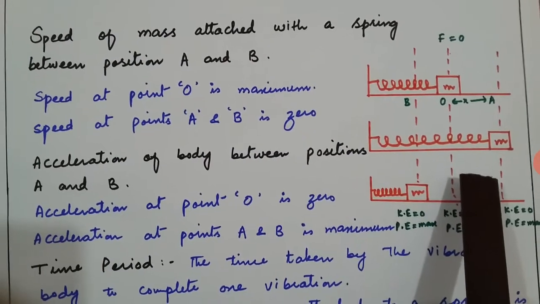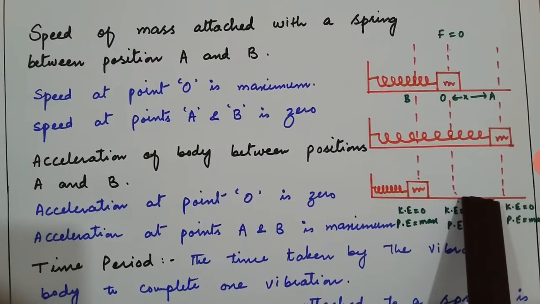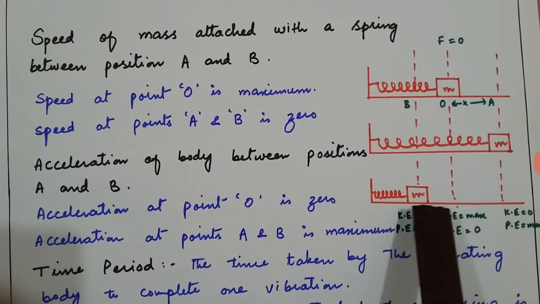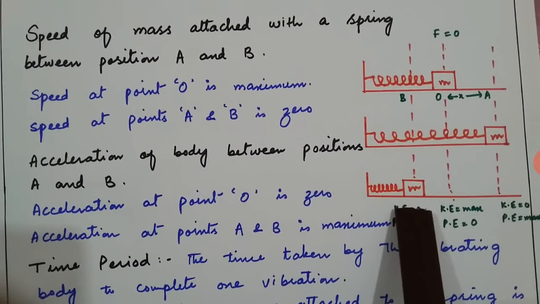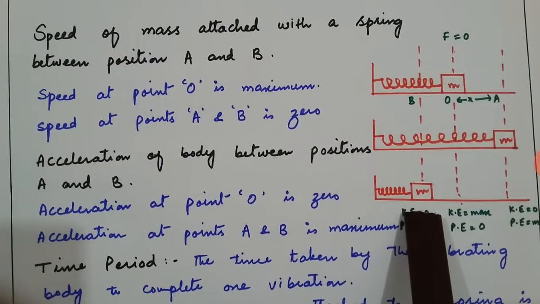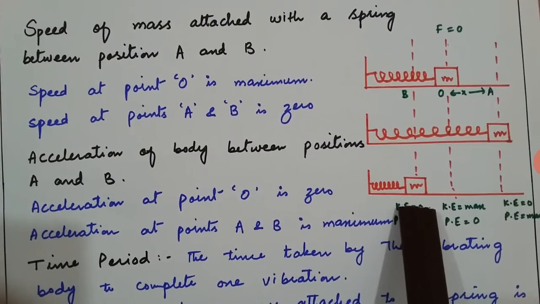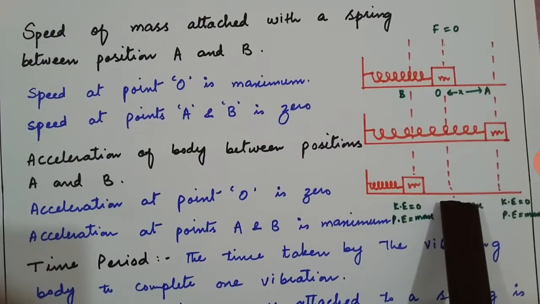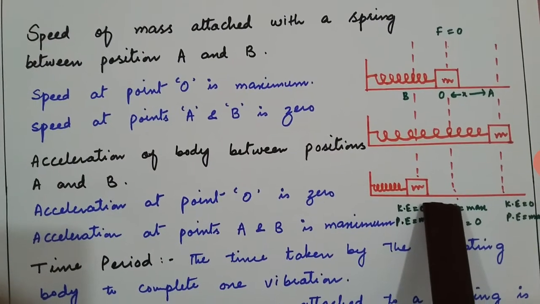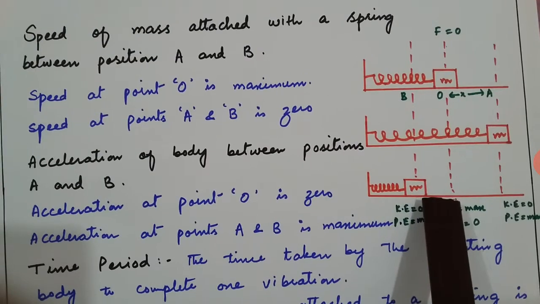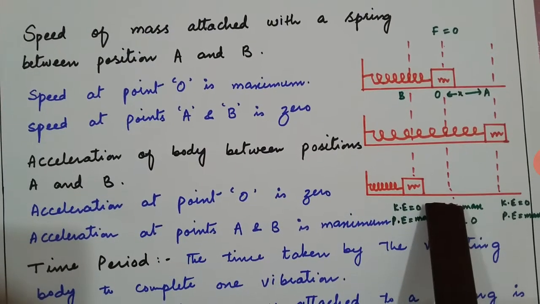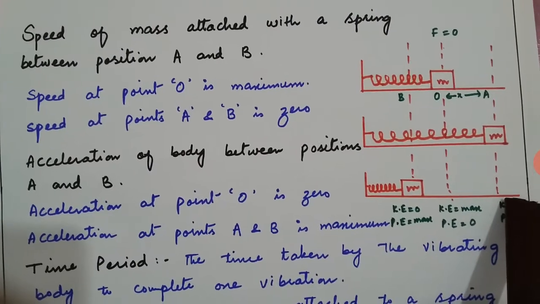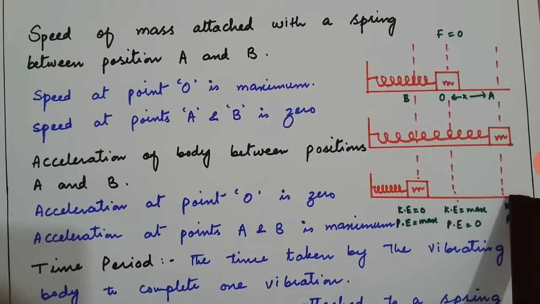The acceleration of the mass remains towards the mean position when it moves from point O to B, because the speed of the mass starts decreasing as it passes point O. The body, after coming to rest at point B, again returns to point O under the action of restoring force.